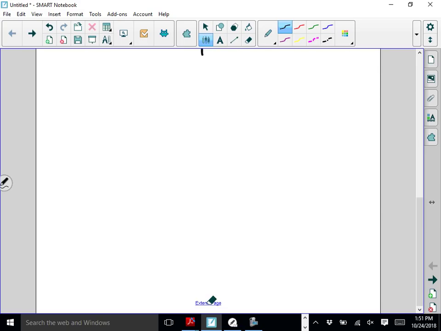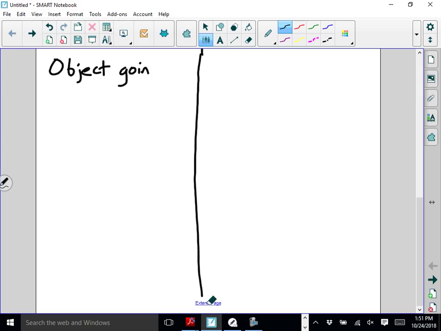Next, again, on the front of the card, it's going to be object going right, or up. An object is going to be going right when?